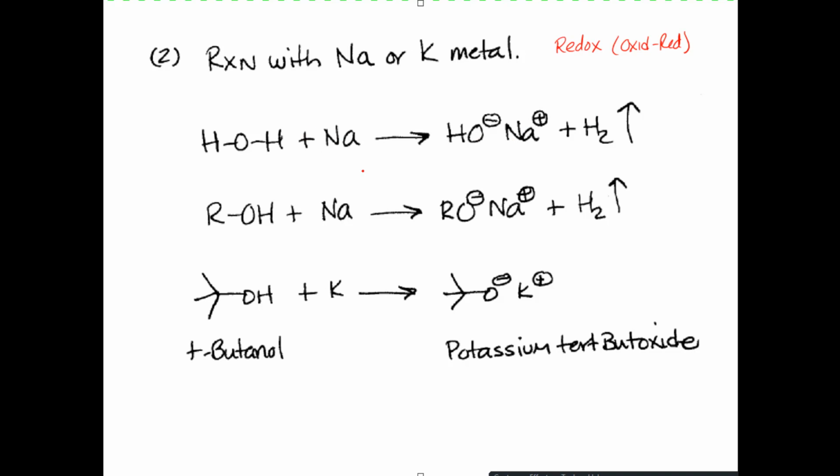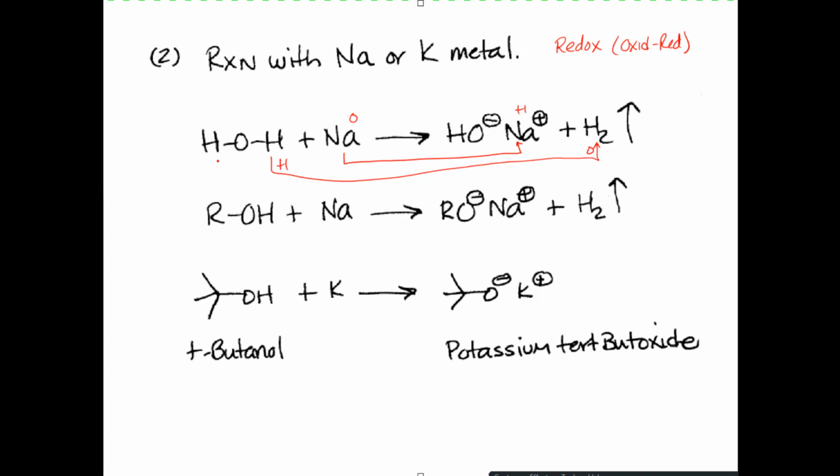This is a redox reaction because the sodium is going in terms of oxidation number from 0 to +1, and the hydrogen is going from +1 to 0, being in its elemental form. So that reaction is quite spectacular. You can look at YouTube for all the sodium reactions, and none of them are very good in terms of safety, but sodium will react very readily with water.